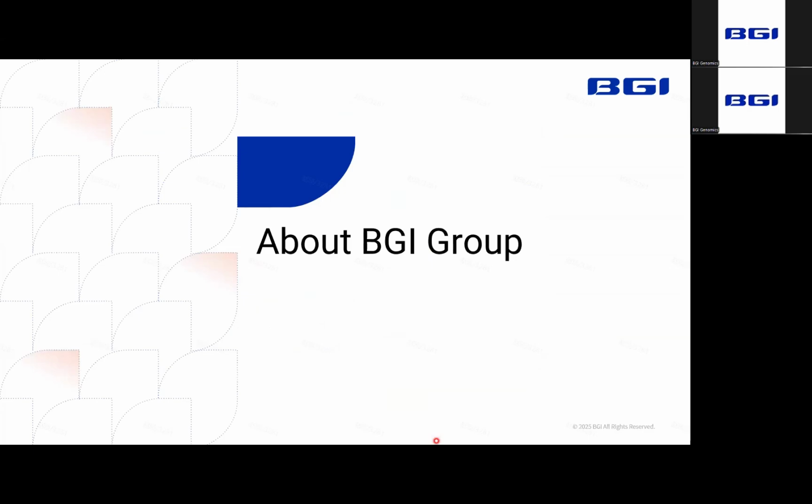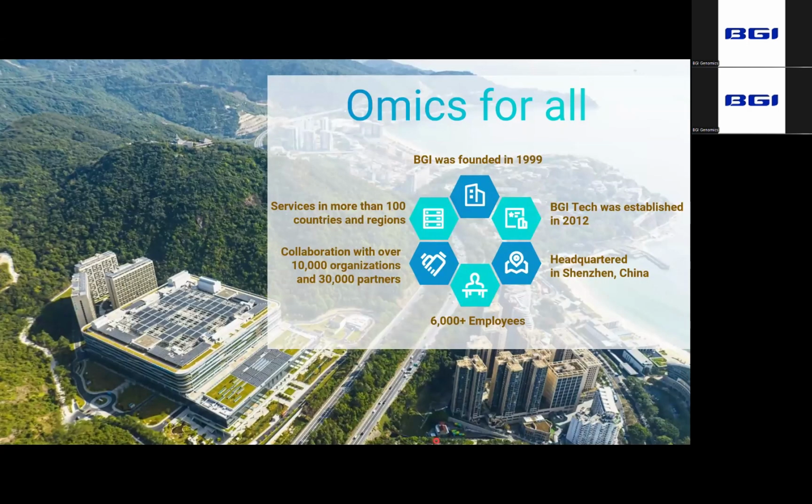Okay, let's talk about BGI Group. BGI Genomics is the eternal part of BGI Group, founded in 1999 as a research organization to support the Human Genome Project. Over the years, BGI's research has contributed to the development of the field of genomics in significant ways, as evidenced by a wealth of peer-reviewed publications in prestigious scientific journals.